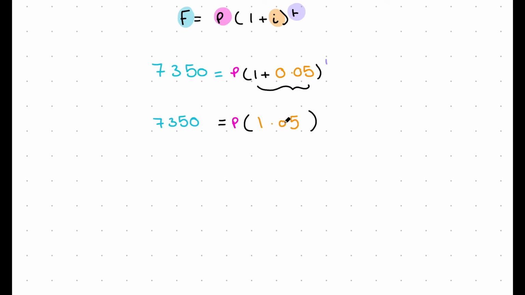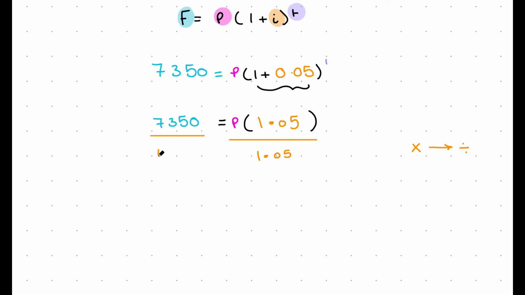There. Now we need to ask ourselves, if I want to figure out what P is on its own, how do I get rid of the multiply by 1.05? So how do we undo multiply in maths? Well, we do the opposite, and the opposite is to divide. So what we're going to do is we're going to divide both sides here by the exact same thing, because whatever I do to one side, I have to do to the other.